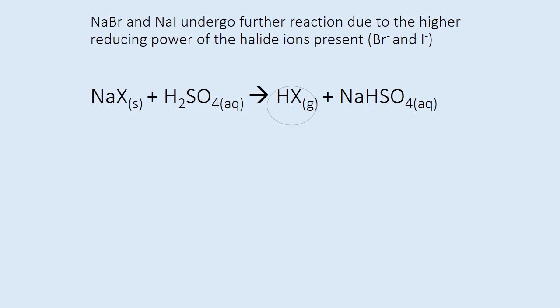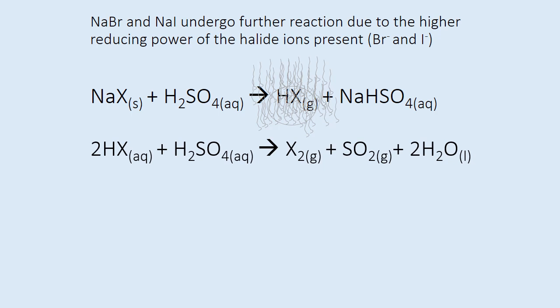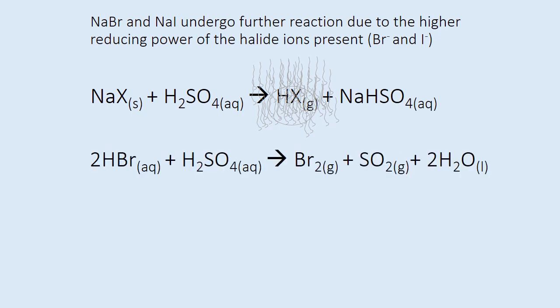So not only do we see those misty white fumes of the HX, you're also going to see the X2, which in the case of bromine means some brown vapor. Note how it's a gas, so when you add NaBr to concentrated sulfuric acid, you're going to see misty white fumes and a brown vapor. And we're explaining that because the misty white fumes are the HBr and the brown vapor is the Br2.